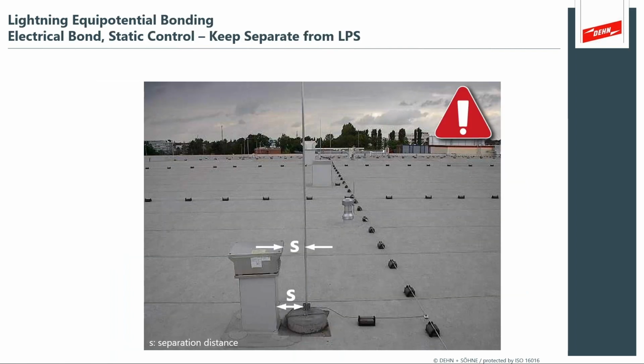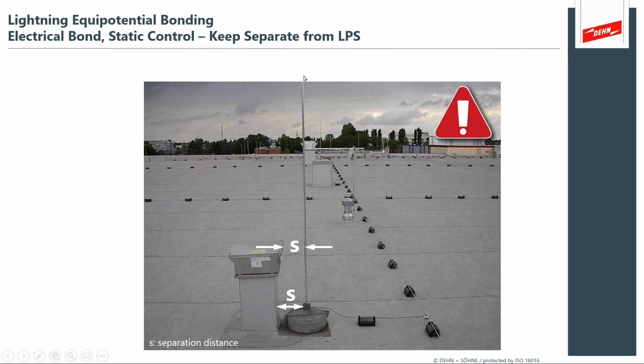So here's a nice photograph of that separation distance. It looked like a convenient way to mount and get the protection angle over this victim. So here we have probably an air handler box or a control panel for sensing, but what you've got is a metal box on the top of the roof that's right next to the air terminal.